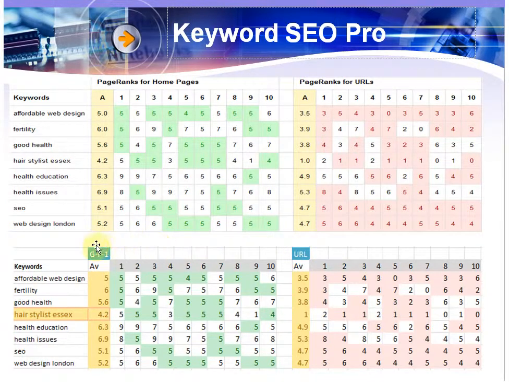This is the output from Keyword SEO Pro for these keywords onto an Excel sheet, and I've used that Excel sheet to explain these features. I would add that when Keyword SEO Pro provides an output for a spreadsheet, the colours do not go across. I have added these colours just to make things easier to follow.